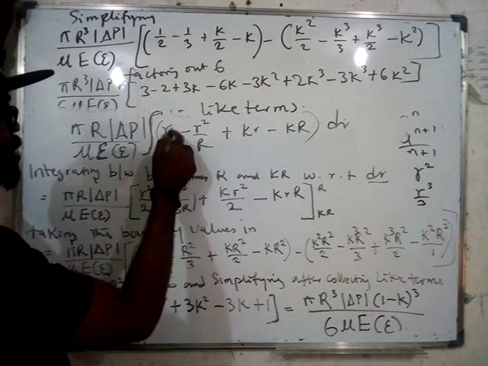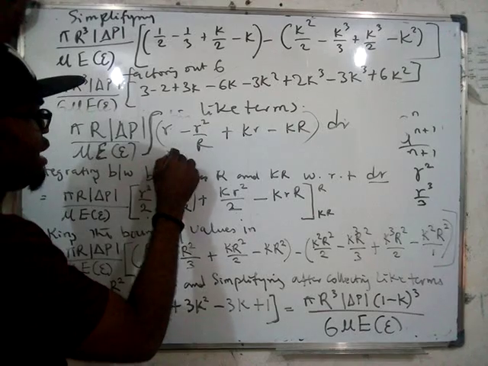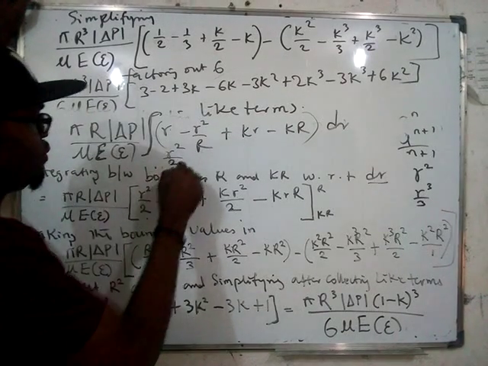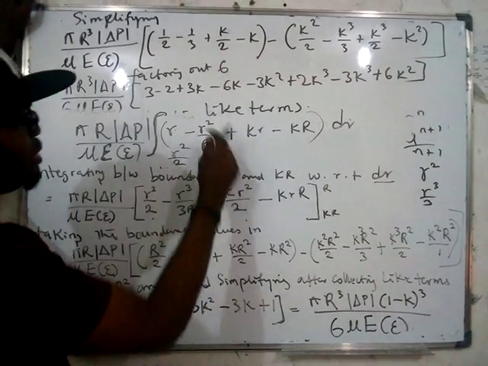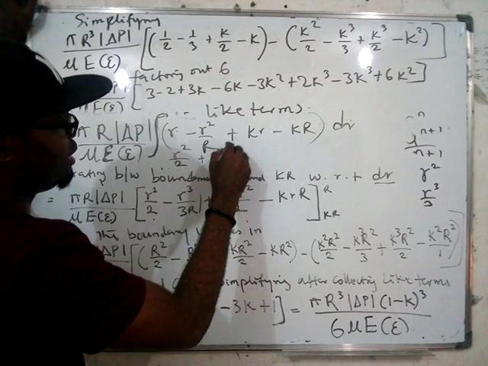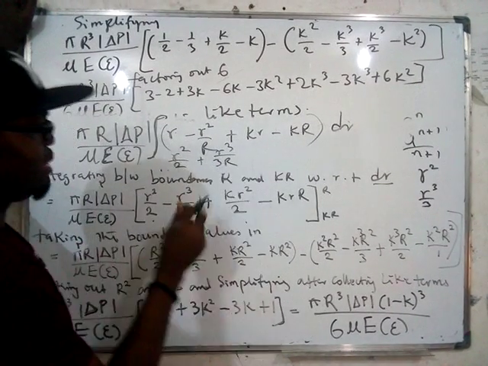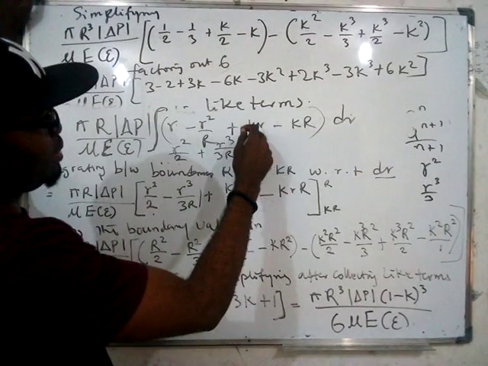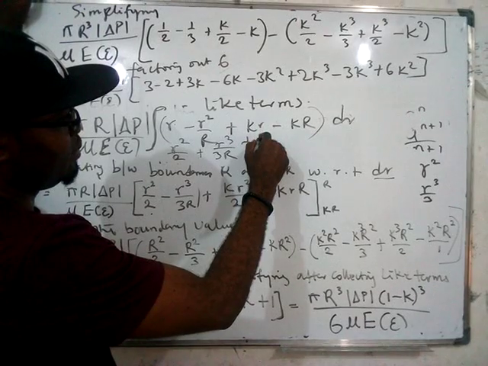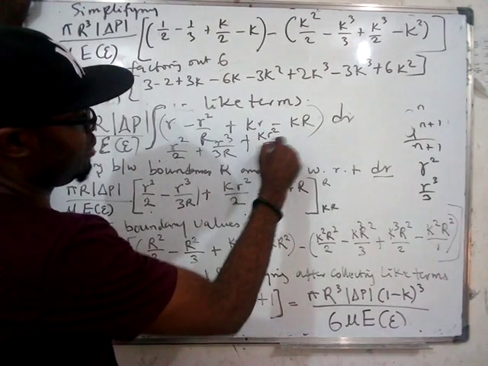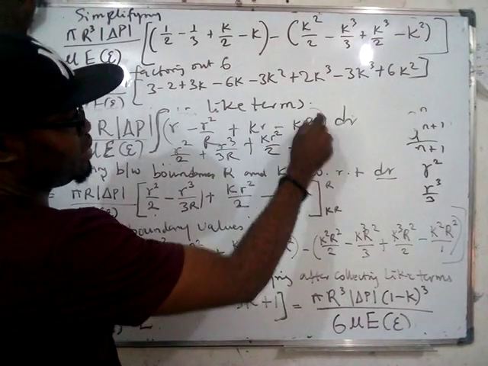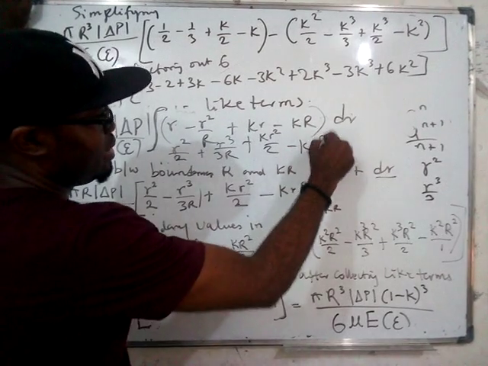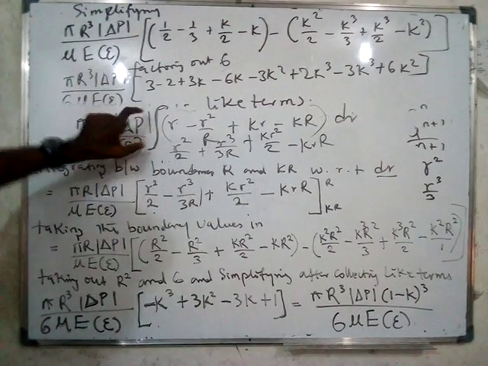Why? Because we integrated this. This will give us R squared over 2, and that is this. Integrate this one, it will give you r cubed all over 3R. That is this. Integrate this one, it will give you K r squared all over 2, minus integrate this one, it will give you K R. So that's how we got this.